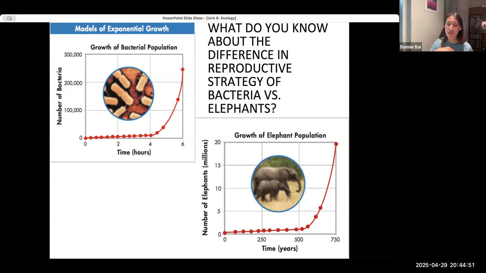But if you look at the actual numbers on the y-axis and x-axis with their units, the population growth is much faster for the bacteria in an ideal environment versus the elephant. So even with unlimited resources, space, and mates, bacteria will still grow as a population way faster than an elephant's population.